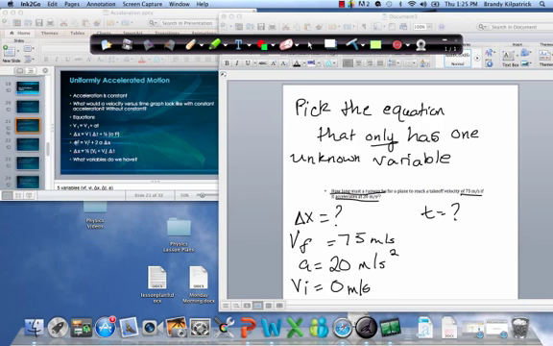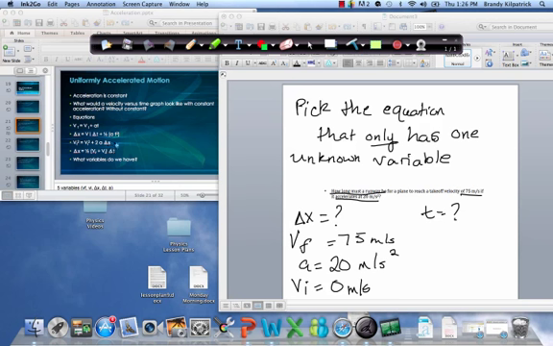So in the second equation, I'm looking for delta x. Right here, I have initial velocity of 0. Delta t is unknown. Since I have 2 unknowns in this equation, I cannot use the second equation. There are too many unknown variables. So looking at the third equation, I have VF, I have VI, I have acceleration, but I do not have delta x, but that's fine.